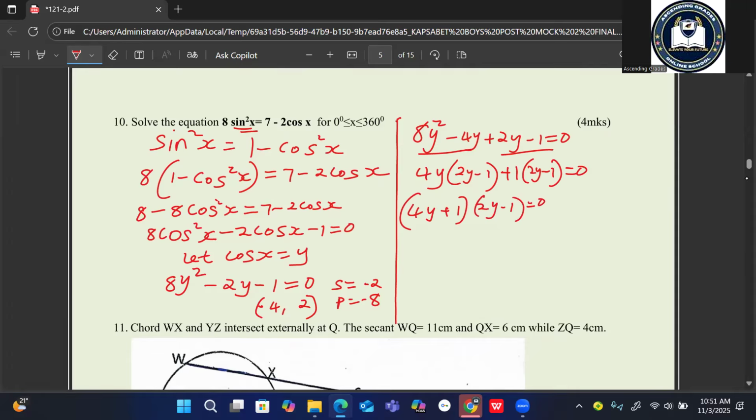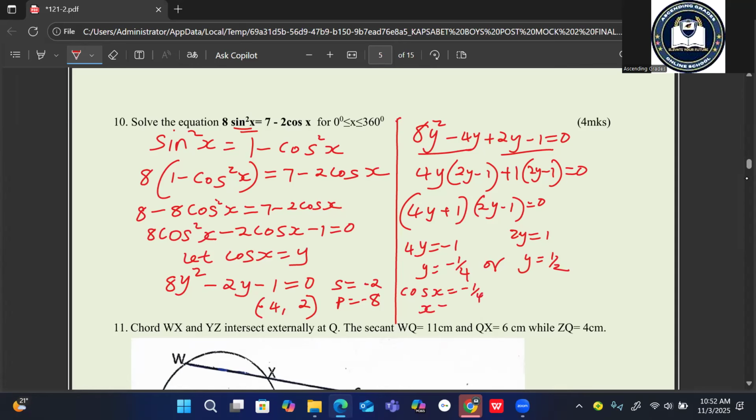So 4y is equal to negative 1. So our y will be equal to negative 1 out of 4. Or 2y is equal to 1. So our y will be equal to half. So cos x will be equal to negative a quarter.